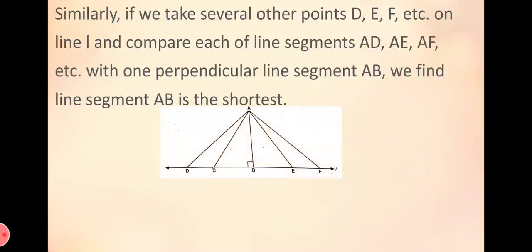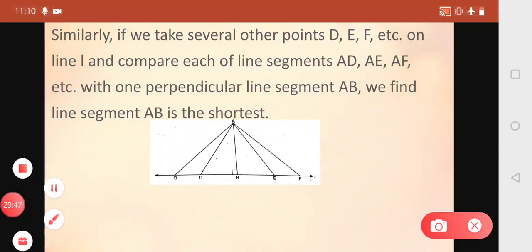Here you can see in the figure that we have selected several other points, then C also. First we have proved with point C. Now we have selected points D, E, F. In the previous proof, we proved that AB is shorter than AC, because we will get always only one perpendicular line with any given line.